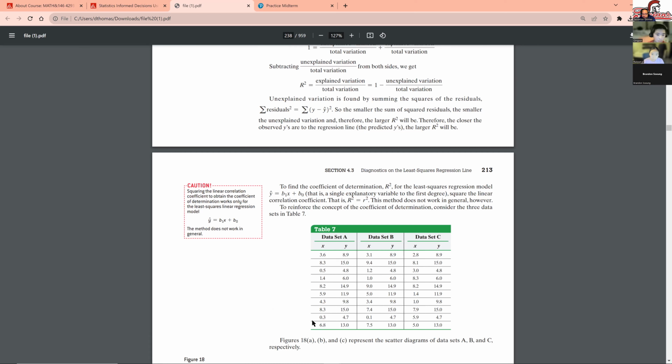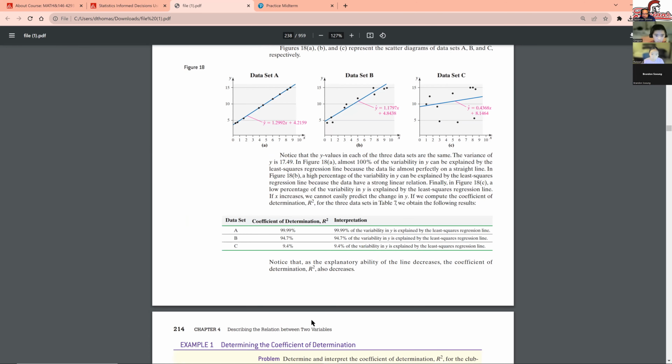It gives us a percentage, and that percent lets us know how much variability in y is explained by the line. It lets us know how good our line is for accounting for the variation.